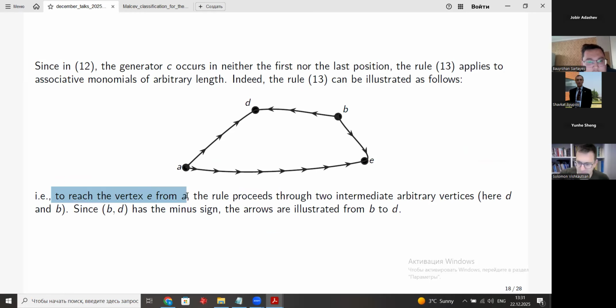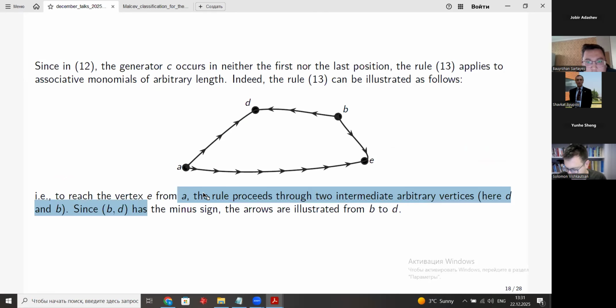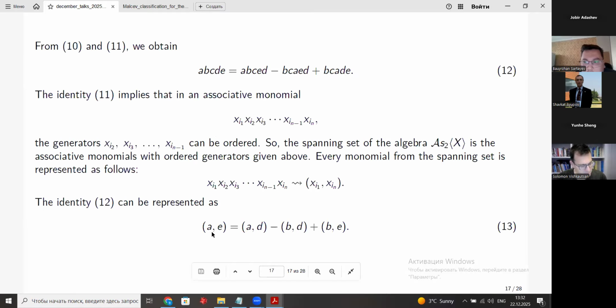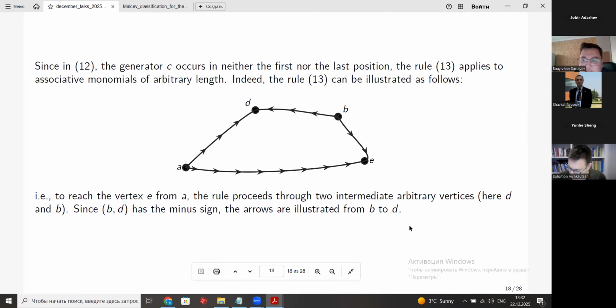To reach from A to E, the rule proceeds through two intermediate arbitrary vertices. We fix two arbitrary vertices here, B and D, and BD has a minus sign, so the arrow is illustrated from B to D. That is the explanation of identity 13.